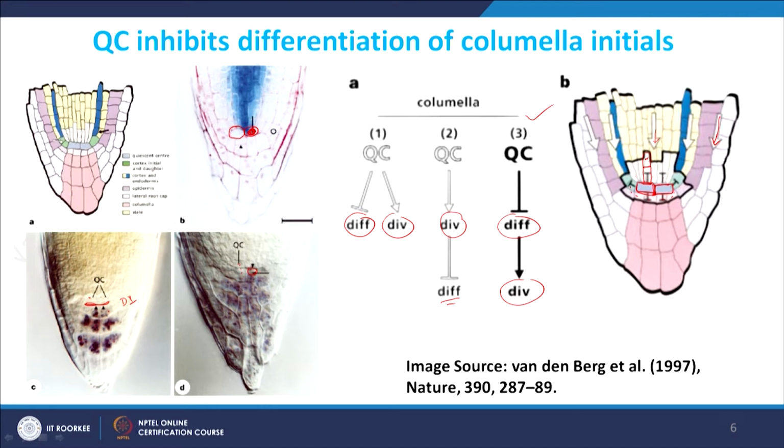Now, these cells will start the process of differentiation, whereas the lower cell which still remains in contact with the QC will retain cell division, and differentiation is inhibited in these cells.